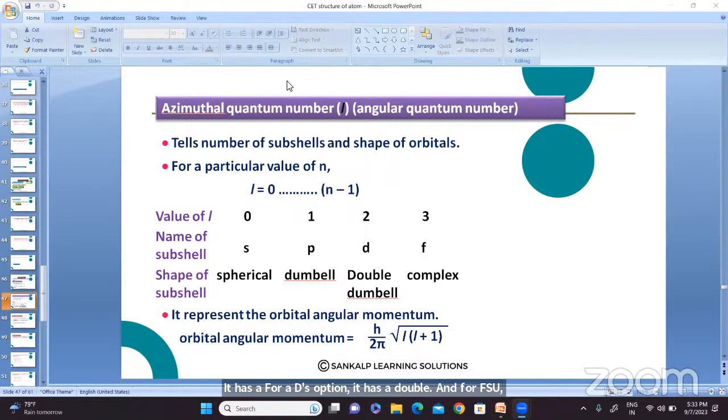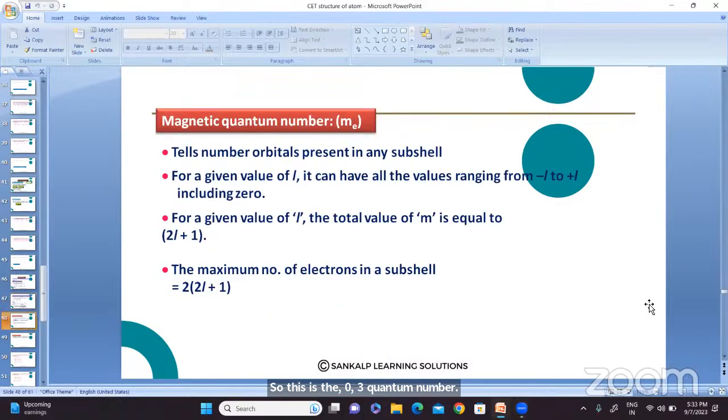The azimuthal quantum number represents your orbital angular momentum. Orbital angular momentum can be calculated as h by 2 pi times square root of l into l plus 1. Next is the magnetic quantum number, given as m.